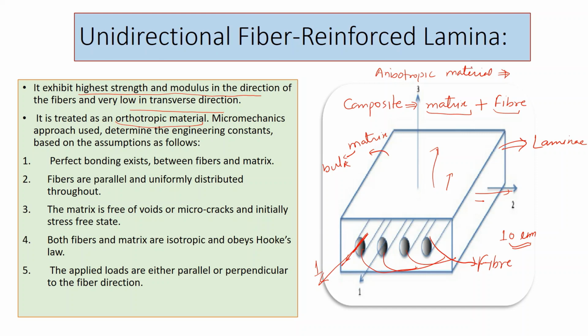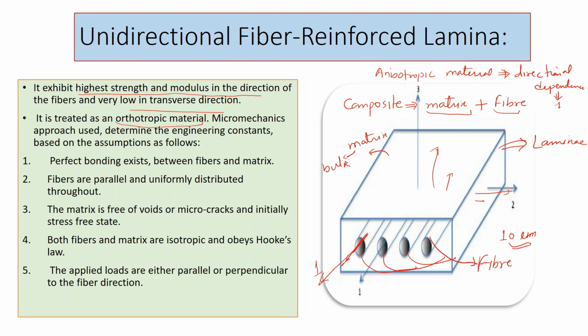It is directionally dependent. So we can say that orthotropic is one of the subsets of anisotropy, where we have 9 unknowns.